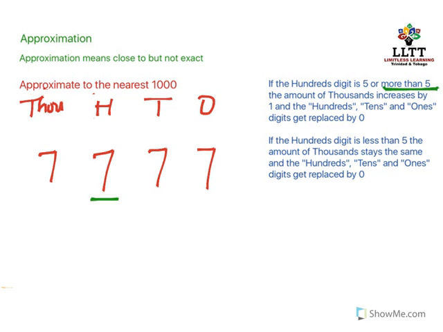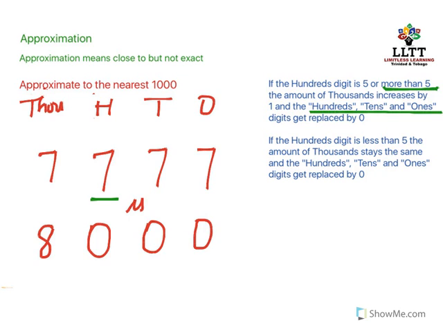So therefore, the amount of thousands increases by 1. So 7 plus 1 becomes 8. And then our hundreds, tens, and ones digits get replaced by 0. So our hundreds digit is 0, our tens digit is going to be 0, and our ones digit is going to be 0. So 7,777 to the nearest thousand is going to be 8,000.